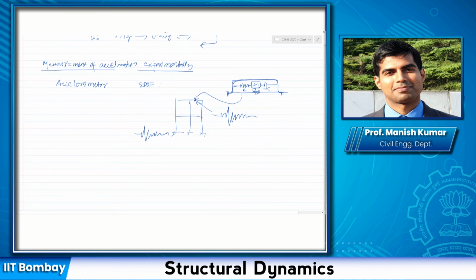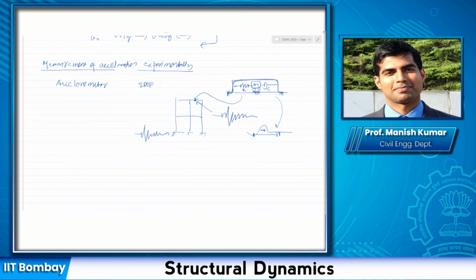We can take an accelerometer and keep it on the ground as well, the same system, so that I can measure the ground acceleration history. So the idea is, at whichever point you want to measure the acceleration, you just attach this system, bolt it rigidly or attach it using some rigid system to that point.